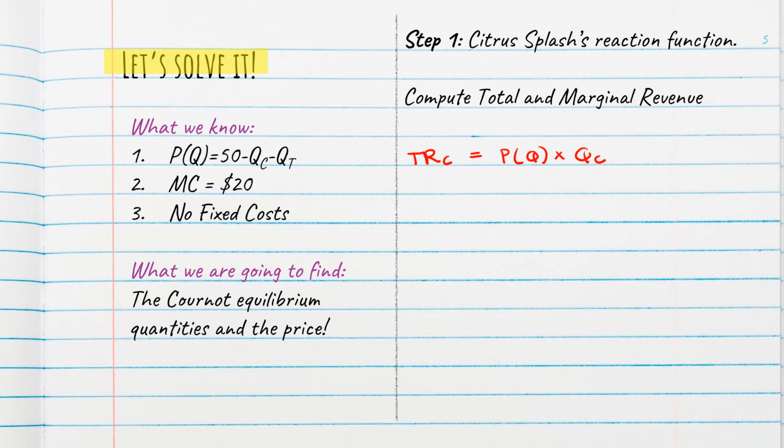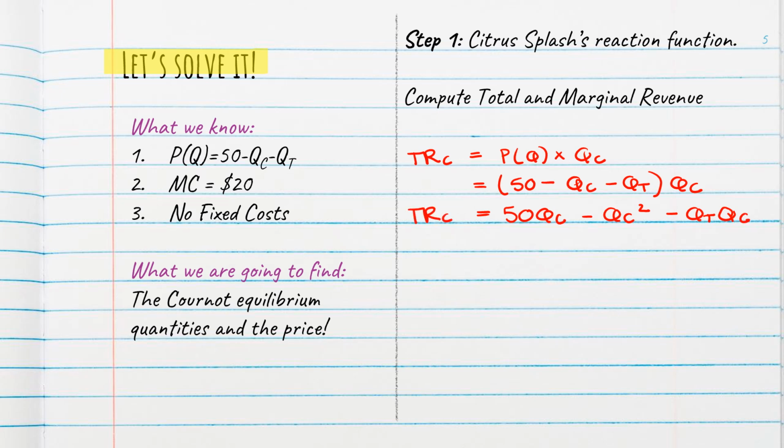So filling in what we know, we have (50 minus QC minus QT) times QC. And then pushing that term into the parentheses, we end up with a total revenue of 50QC minus QC squared minus QT QC. So that's our total revenue for Citrus Splash.